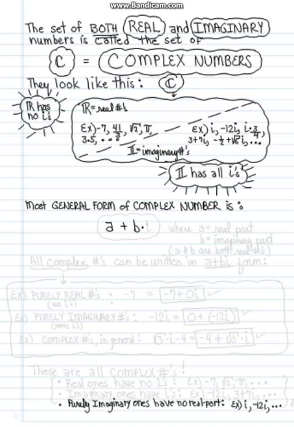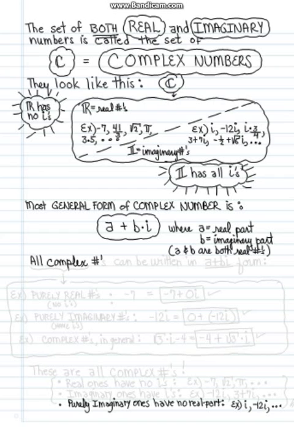So a plus bi. In this representation, a is called the real part, and b is called the imaginary part. See, a is a real number and b is a real number, but b is called the imaginary part because it's multiplying the imaginary number i. So this is a complex number. It's like an apartment complex. You've got one side a and the other side b times i. It's a complex of two numbers put together.